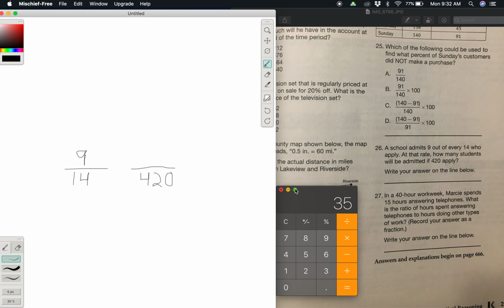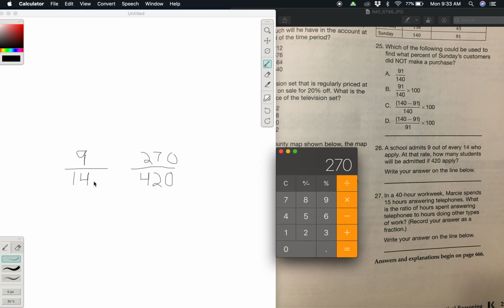So 9 times 420 divided by 14 equals 270. So 270, ladies and gentlemen, is your answer. You can always check if this is correct, for example, by multiplying this times this, which should equal 9 times 420.